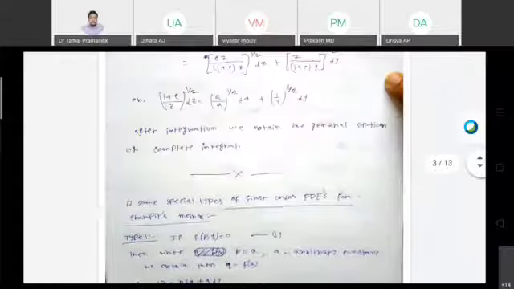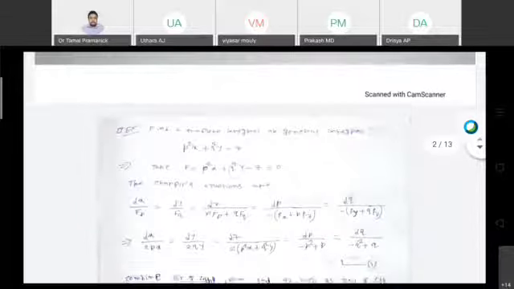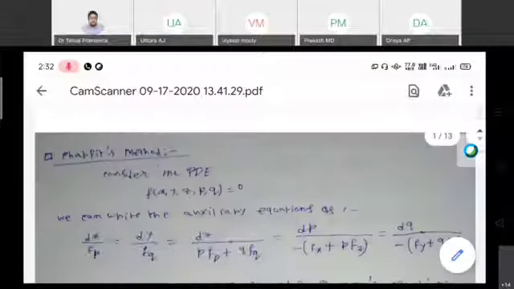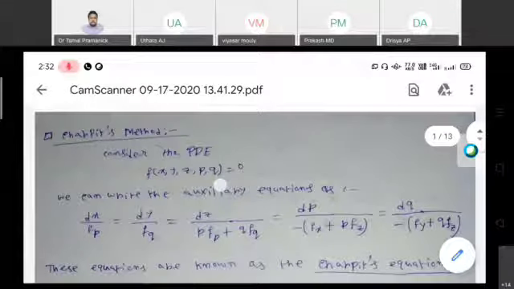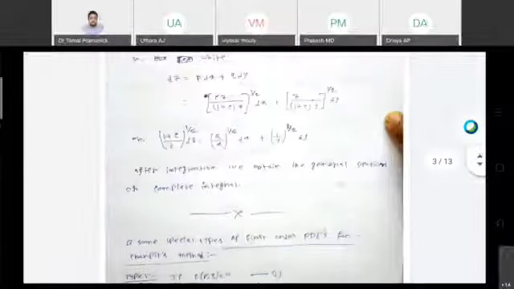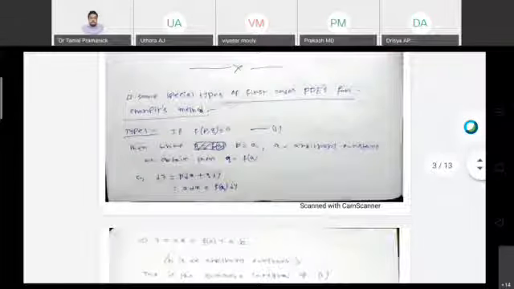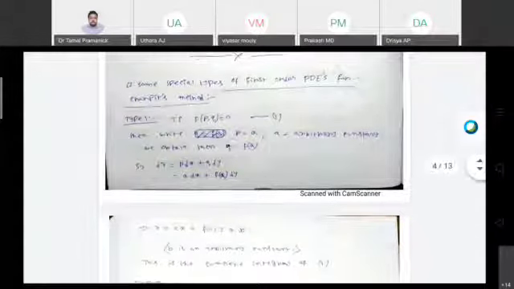If f of x, y, z, p, q is there, and now x, y, z are not present, only f of p, q equal to 0, this is a special type. So you can write p equal to a, where a is one arbitrary constant.